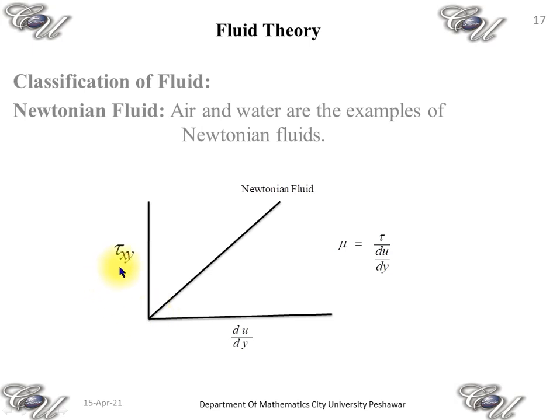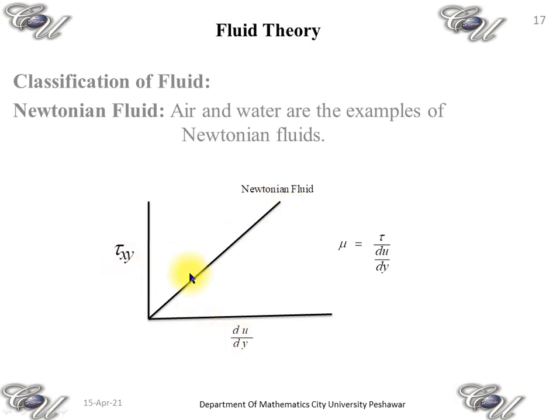When we increase the stress at the same rate, the deformation also increases. If we double the stresses, double deformation occurs. So we call this proportional: the shear stress is proportionally related to the deformation.